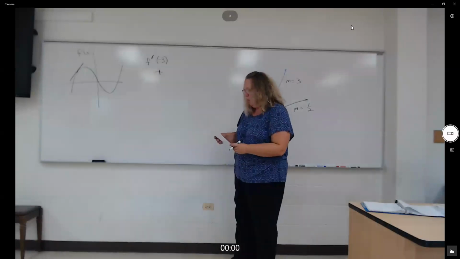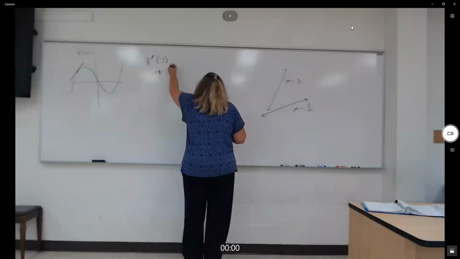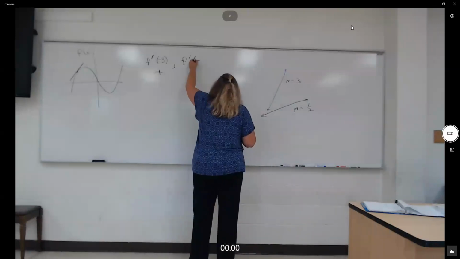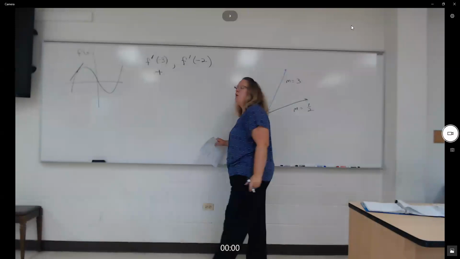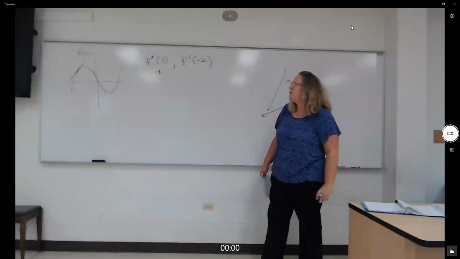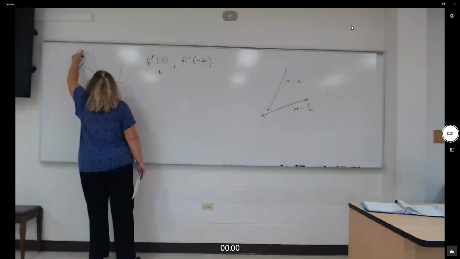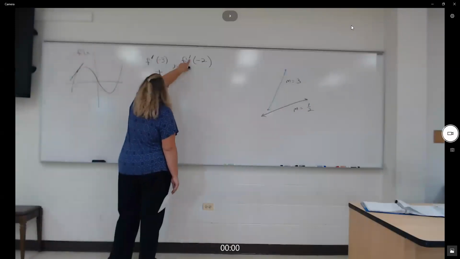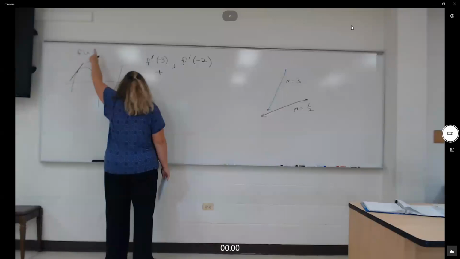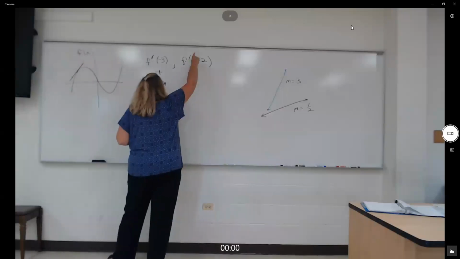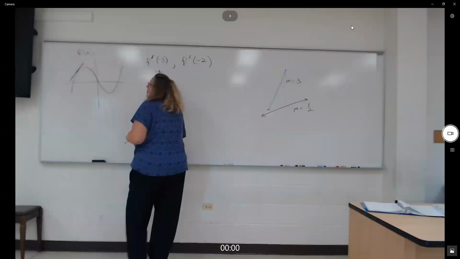Okay. What about the derivative at negative 2? Well, the derivative at negative 2 is the slope on the original graph. Notice this is f of x and this is asking for the derivative. So what is the slope at negative 2 on the original graph?